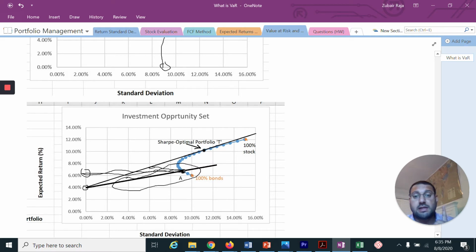And what should be that line? The line which is just tangent to this investment opportunity curve or investment opportunity set. So it just touches and goes away. So it means over here we have the steepest slope. The steepest slope will give us the Sharpe optimal portfolio, which will be having the maximum value of the Sharpe ratio.